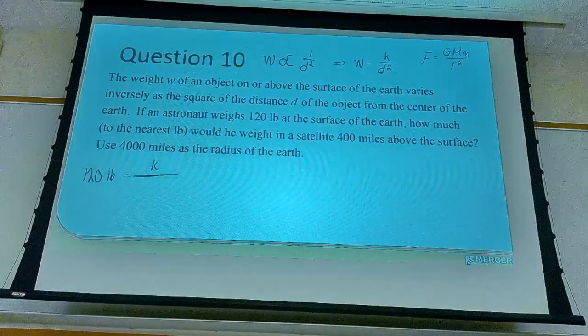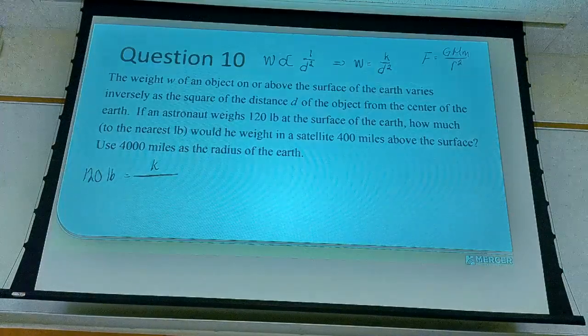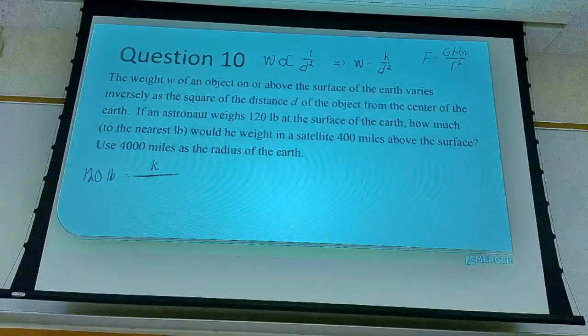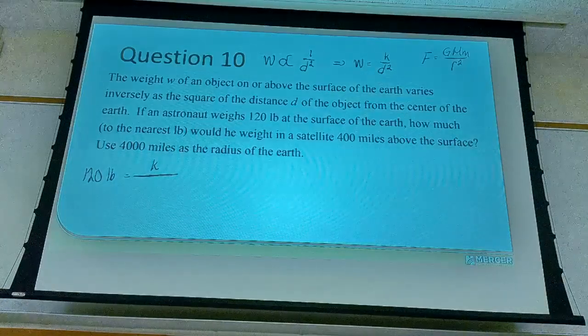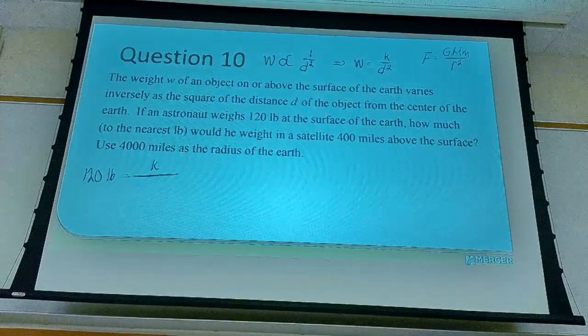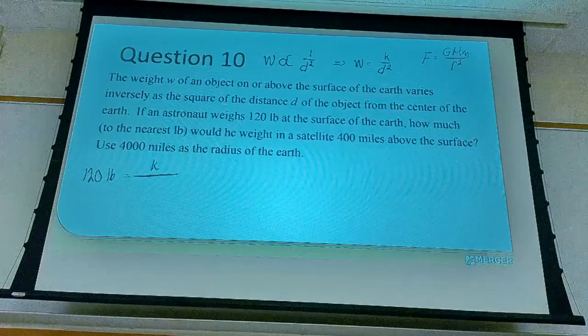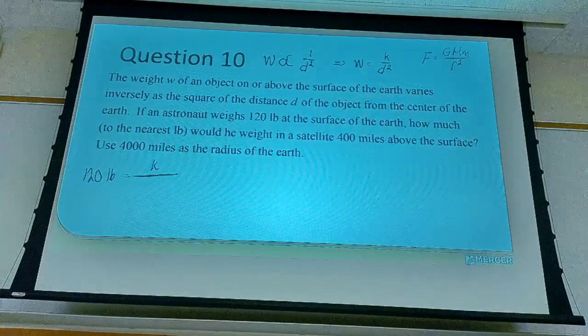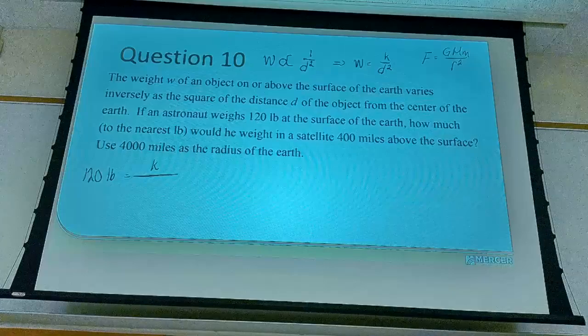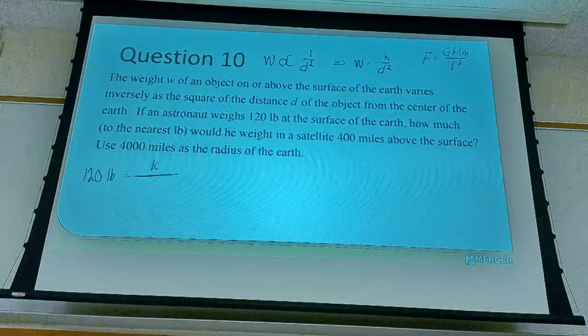We're actually making an assumption here. We're assuming that when they say the astronaut's on the surface of the Earth, he's at sea level, an altitude of 0. Then you can use the 4,000 as the radius.